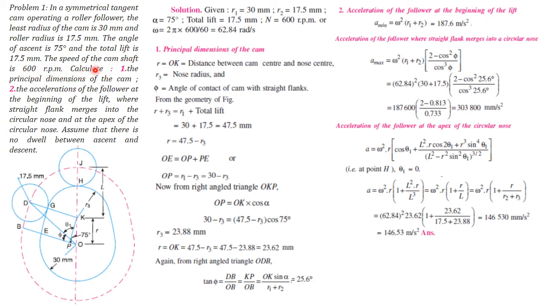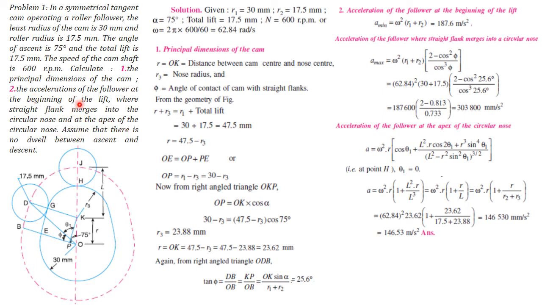Now it is desired to calculate 1. The principal dimensions of cam, and 2. The acceleration of follower at the beginning of the lift, where the straight flank merges into the circular nose, and at the apex of the circular nose.